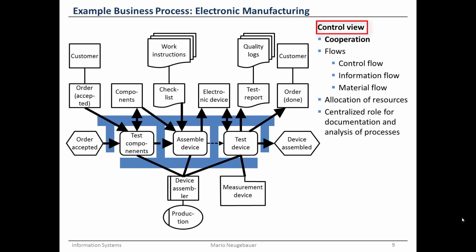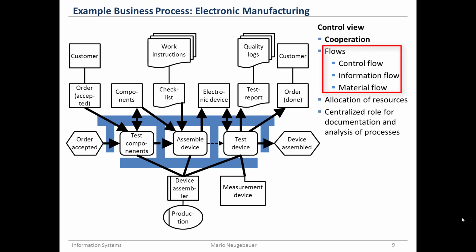And finally here, as the central view, you will see it in a minute, in the ARIS house, as a central view you have the control view. And the control view actually concentrates on the cooperation of all the process steps and all the events. And there is the flow of the activities, so to say, is mentioned, is modeled.